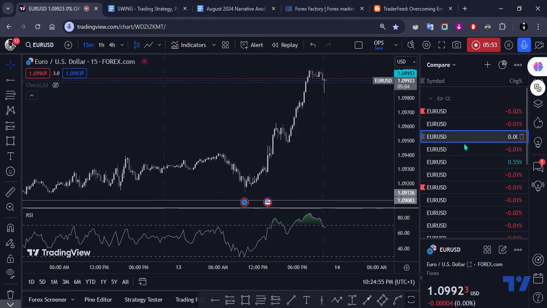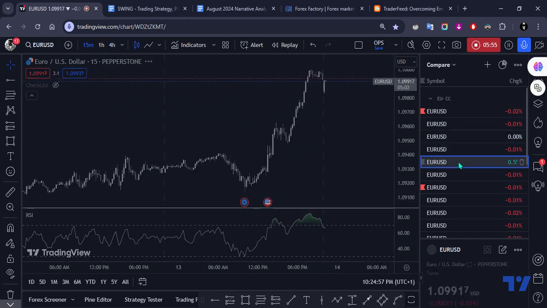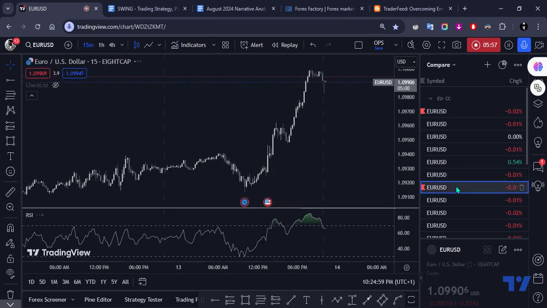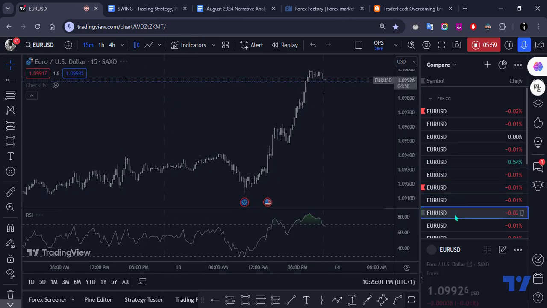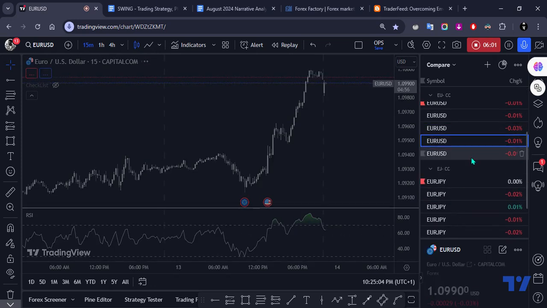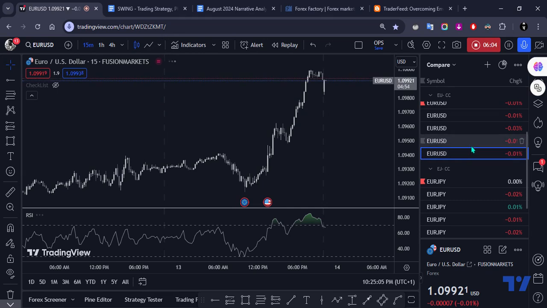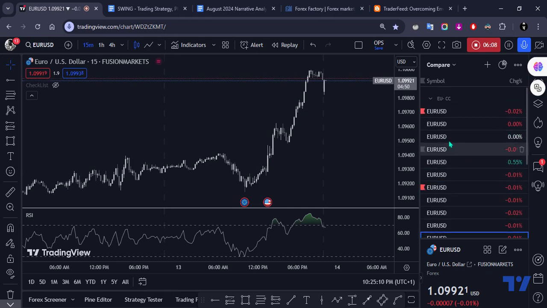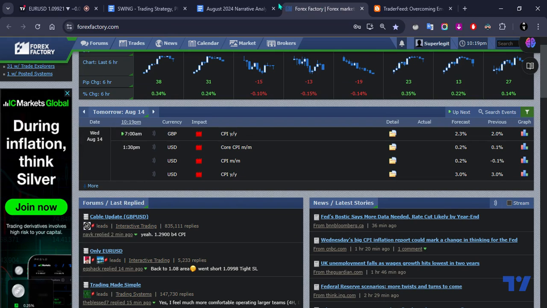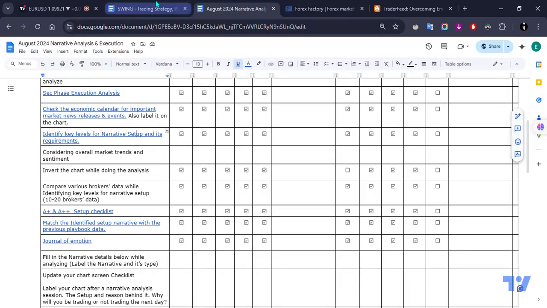But we check my data, then decide if I will be executing or I will miss the trade. Okay, and the next should be comparing data.